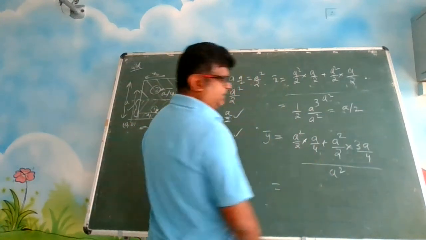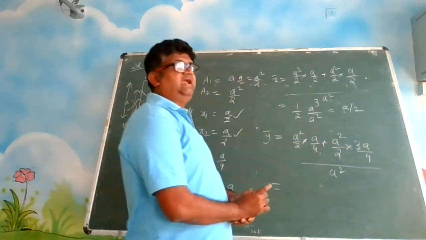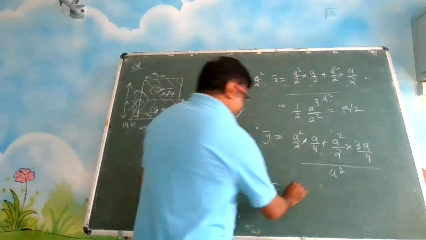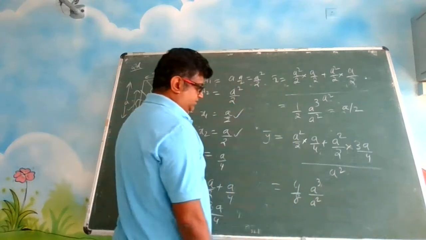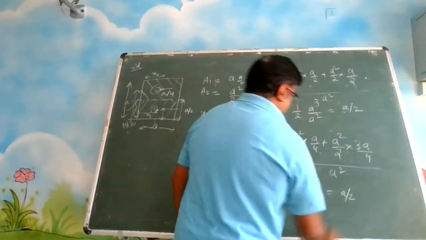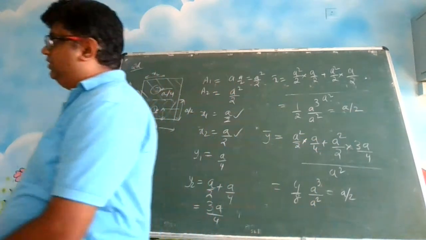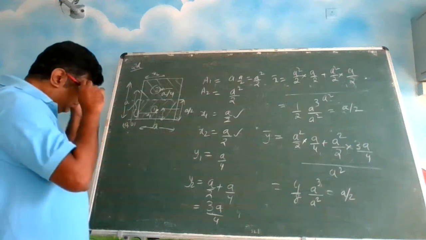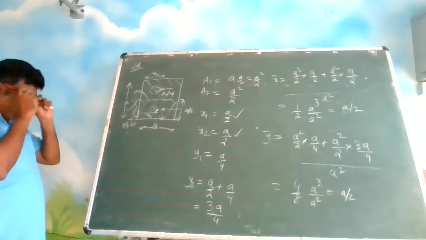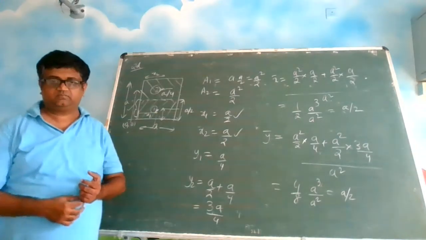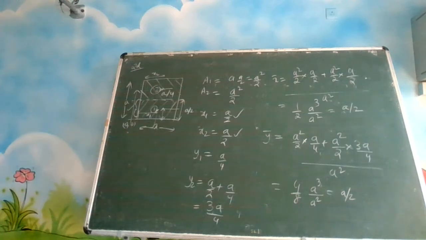So it is 1 by 2 into 1 by 4, 1 by 8. 1 by 8 plus 3 by 8 in the numerator. 4 by 8 A cube divided by A square. You are getting A by 2. So what is the x coordinate and y coordinate? A by 2, A by 2. You got the same answer? So it proves the statement that you can take area in whichever way. The centroid will not change. Take a screenshot and write it.